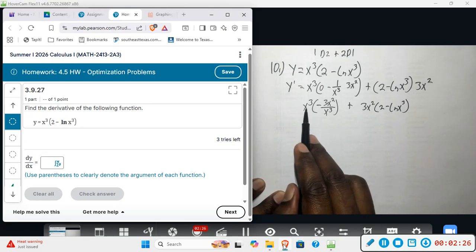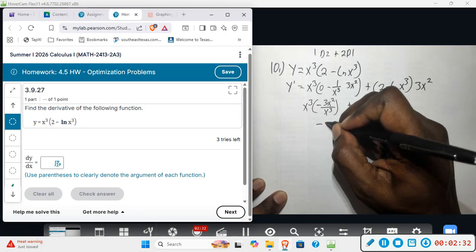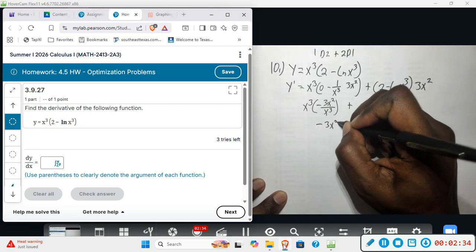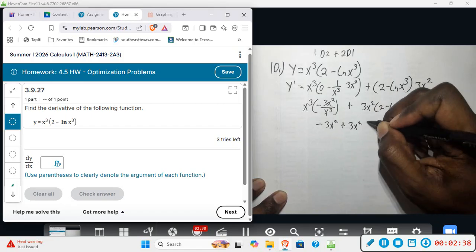And we can multiply, that will cancel out these two. So simplifying, we'll have a negative 3x squared plus 3x squared times this quantity.